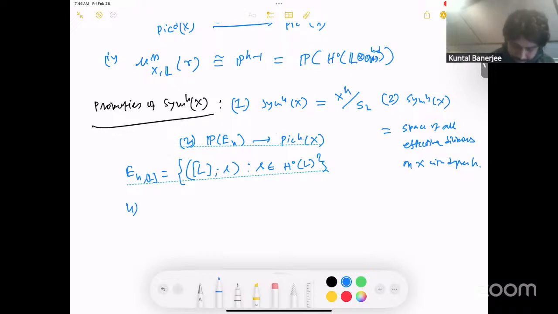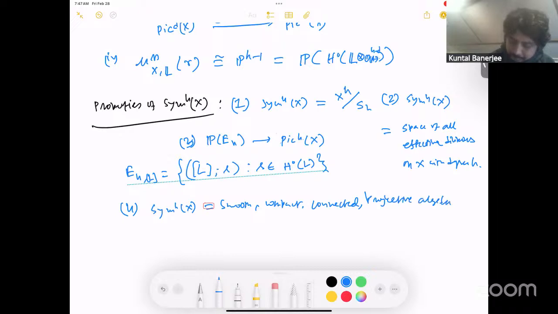And very obvious, with a standard argument, that Sym^H X is smooth, compact, connected, projective algebraic of dimension H. It is not always true for surfaces, it is only curves, so we are fortunate. And there is a very nice covering map of degree H.